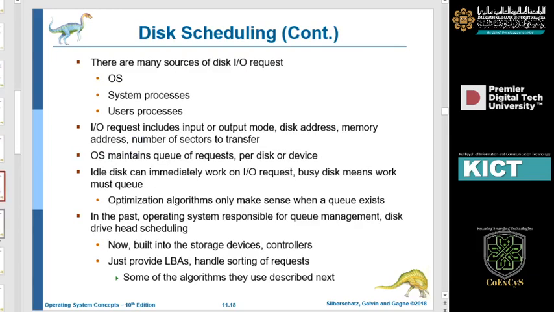We're going to talk about them in a bit, but just keep in mind that because the arm is moving to go to different tracks, this results in some kind of delay. Having a disk scheduling algorithm makes sure we are using the arm movement in the best way we can to access data.